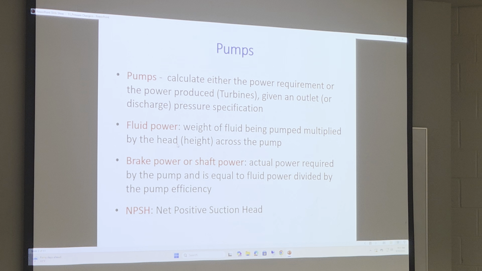Fluid power is the amount of power delivered to the fluid. Brake power or shaft power is the amount of power required for the pump. So shaft power is equal to fluid power divided by pump efficiency.